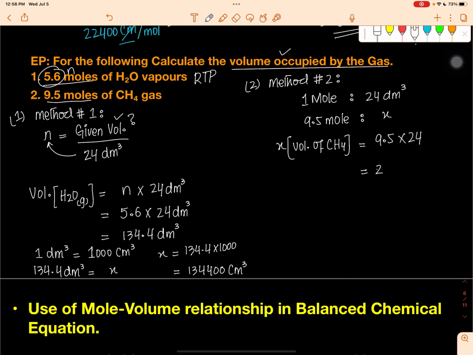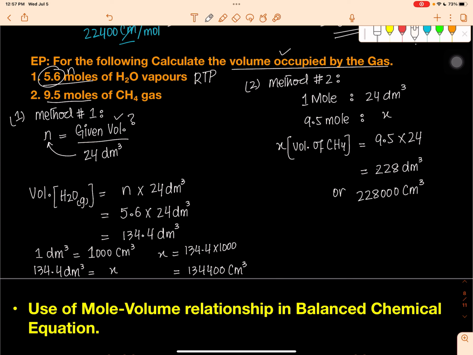We get 228 dm cube. That is the volume in dm cube. In the same way, we can convert it into cm cube by simply multiplying it by 1000, and we get 22,800 cm cube. This is the volume occupied by the methane gas.